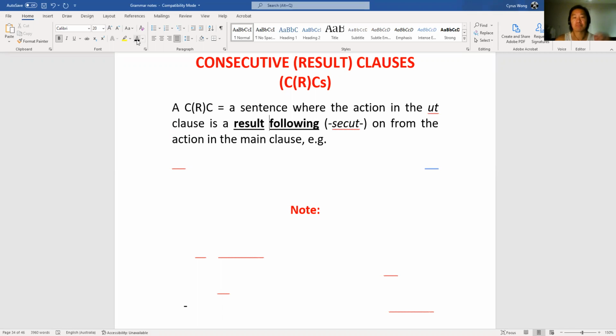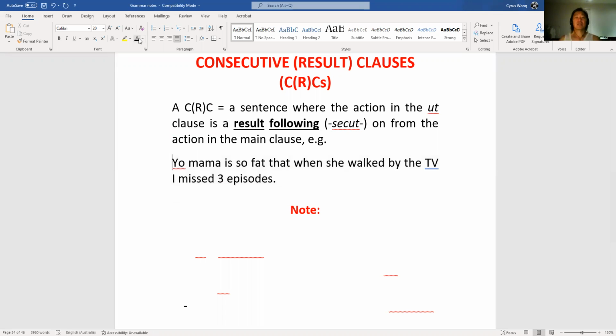And the word consecutive means following. If you have 4 consecutive wins, they are wins following on from one another in a row. Now, if you're not quite sure what that means, there is a very simple way you can remember what a consecutive result clause is, and that is every single your mama joke that is told. For example, your mama is so fat that when she walked by the TV, I missed 3 episodes.